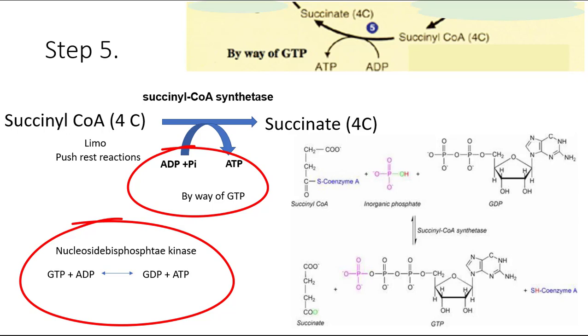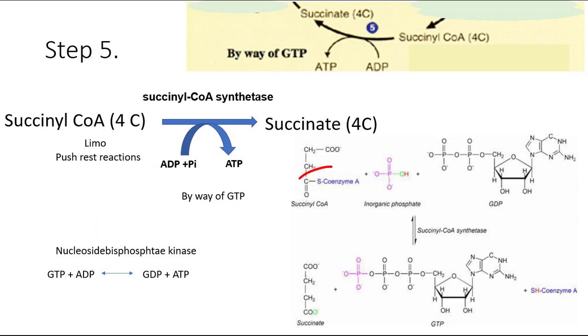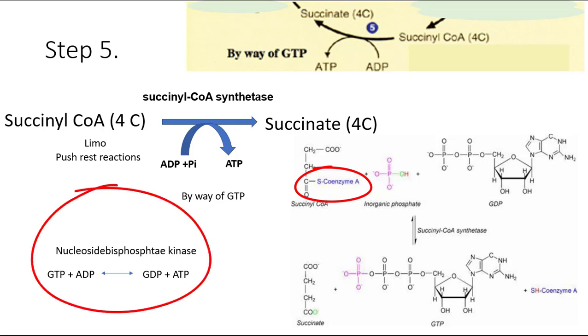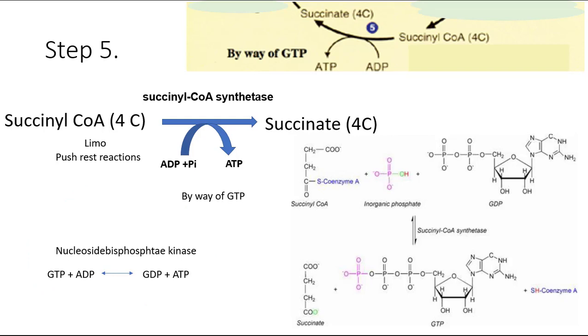The free energy for this phosphorylation comes from the removal of coenzyme A. Regardless of the generation of GTP in the reaction, convention is to refer to the succinyl coenzyme A synthetase reaction as an ATP generation reaction, as GTP is readily converted to ATP by the enzyme nucleoside diphosphate kinase. ATP and GTP have equal free energy equivalents.